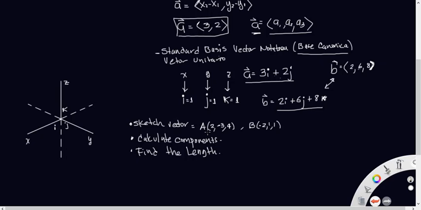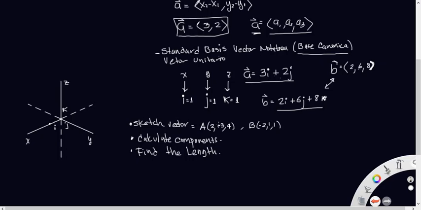So let's find the point 2, minus 3, 4, and as we learned in the last lecture, let's move 2 units in the x-axis. I have no scale here, but let's imagine that we have 2 units in the x-axis.